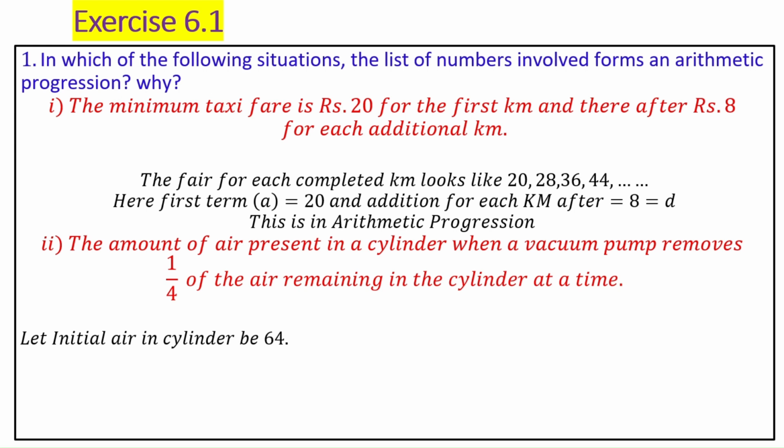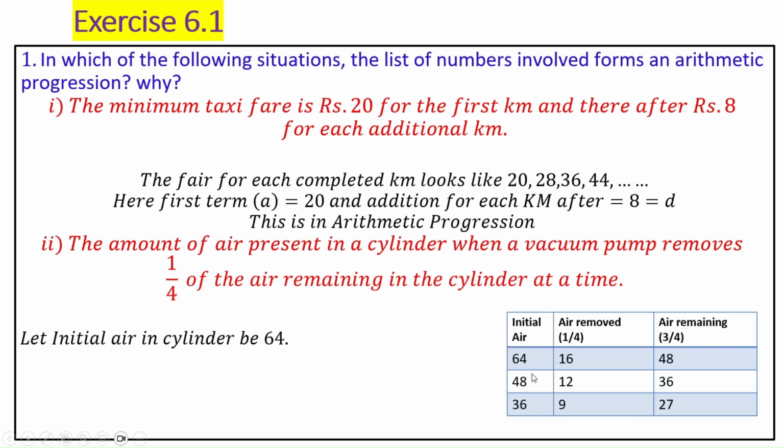Then we'll just make a table to easily explain the problem. So initially it is 64. Okay, and then 1/4 is removed, that is 16 is removed, right? 1/4 of 64, that is 16. So remaining is 48. Now from 48, 1/4 is again removed, which is 12. If I remove 12, then it will be 36. Okay, from 36, 1/4 is removed, that is 9.